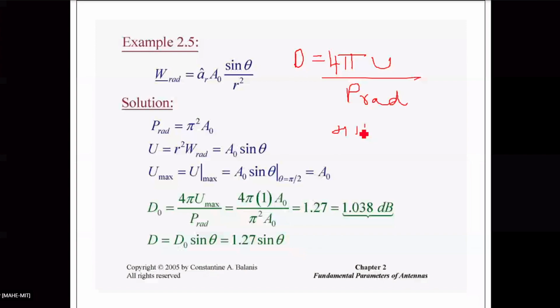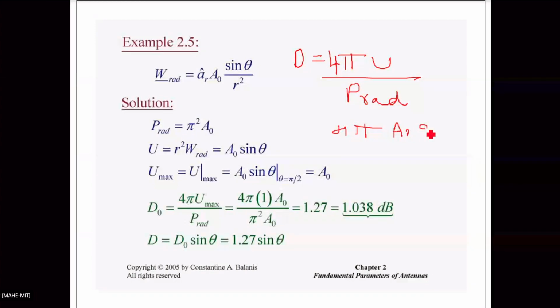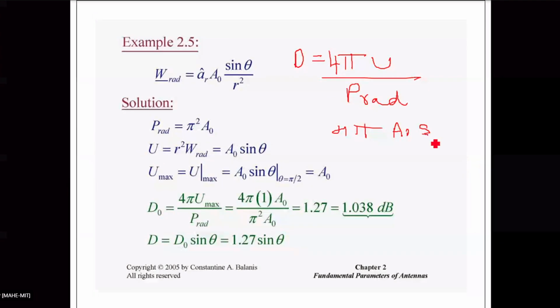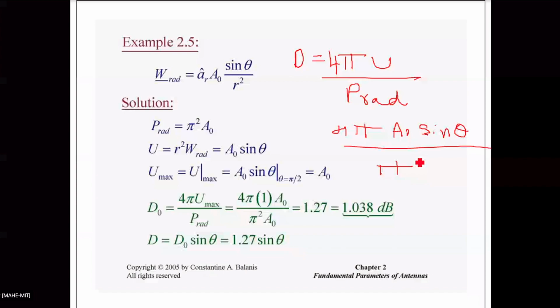U is A naught sin theta, see here, this expression. So it is 4 pi A naught sin theta by P_rad. What is P_rad? P_rad is pi square into A naught.